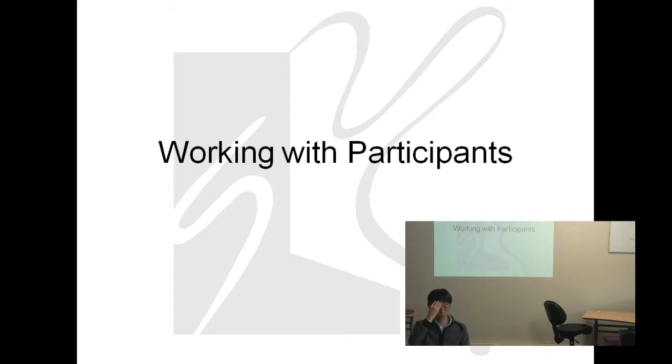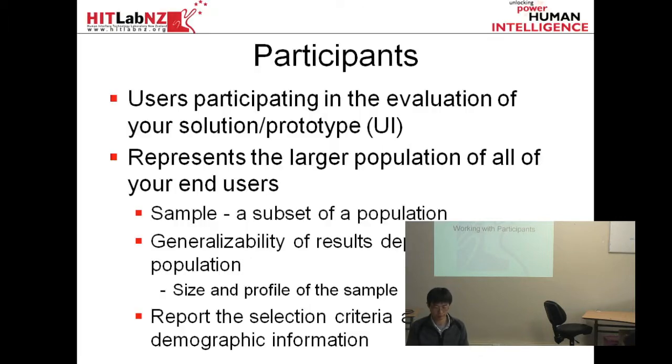So the rest of the slides is talking about things that you have to keep in mind when you're working with participants or the users. And this is more about the human ethics side of the study. So we typically use the term participants in the study.